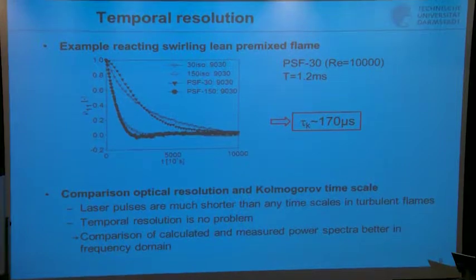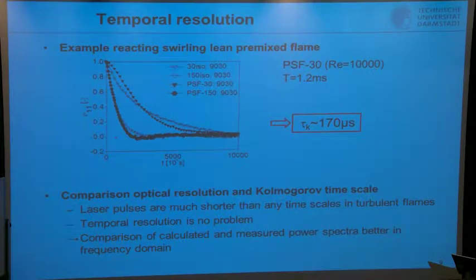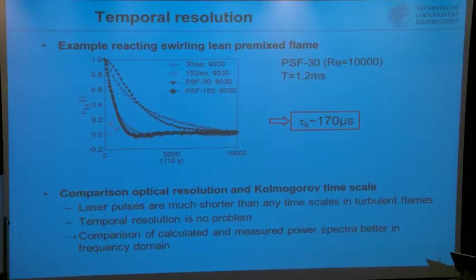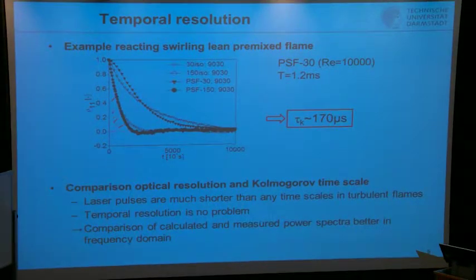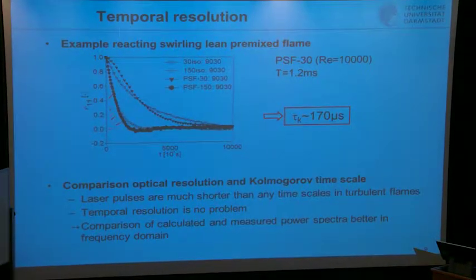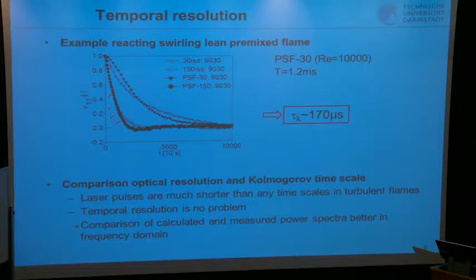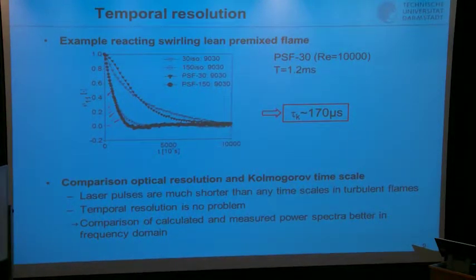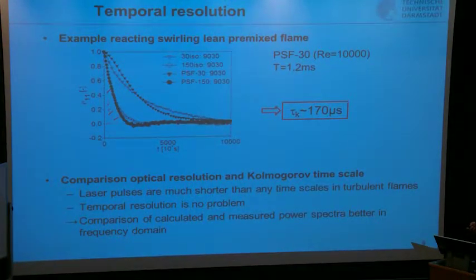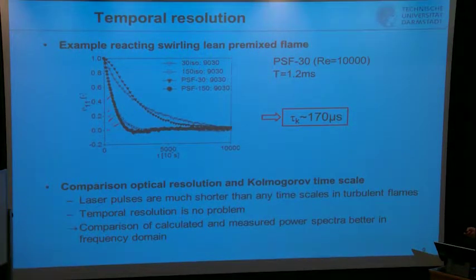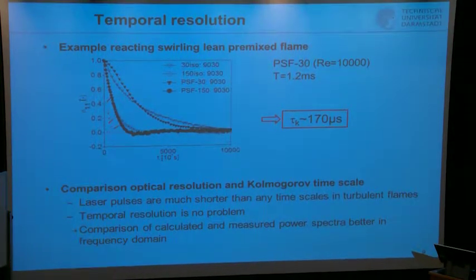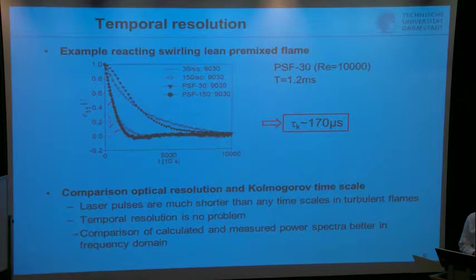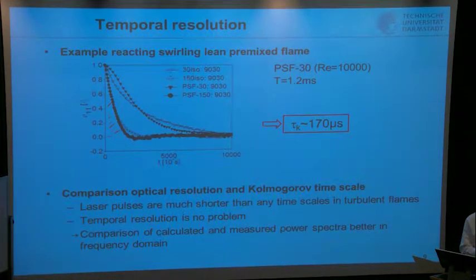By integration again, take this example here, you would take the first zero crossing, take this integral, and you have the integral timescale, which is in the order of milliseconds. Then calculating the Kolmogorov timescales, the shortest timescales you will have in your flow field, those are in the order of many, many microseconds. Compare that to the nanoseconds you have in the laser.